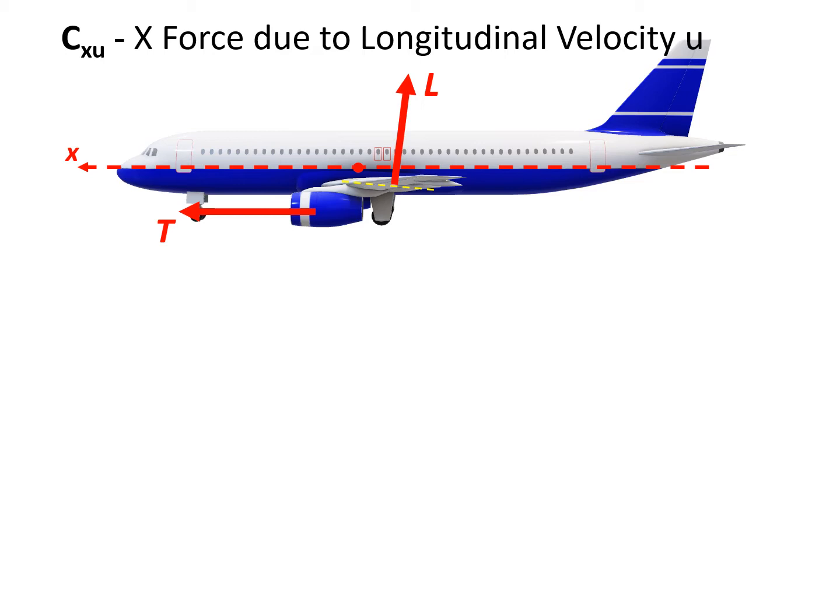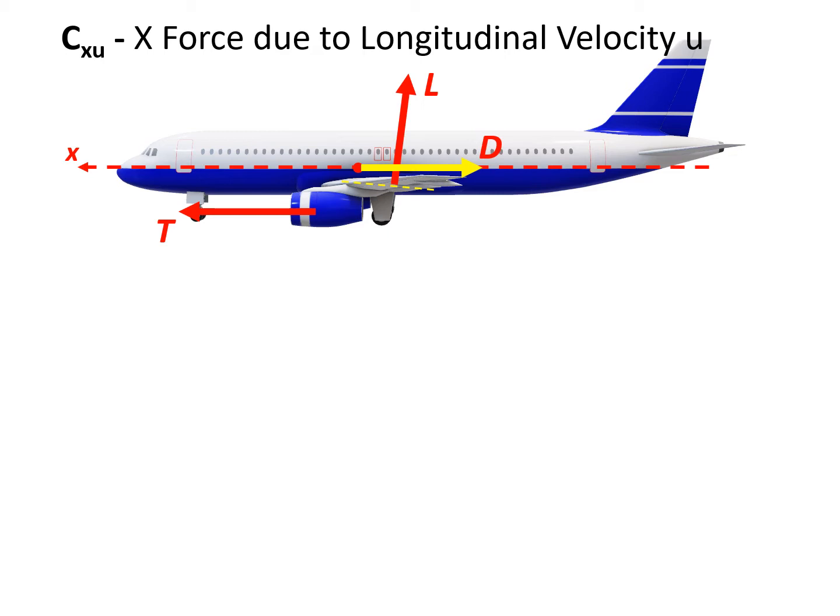And notice that the wing usually has a small angle of attack during cruise condition or level flight. So the lift force acting on the wing is not perfectly vertical, but has a small angle of attack, alpha. And the last force is the drag on the aircraft.